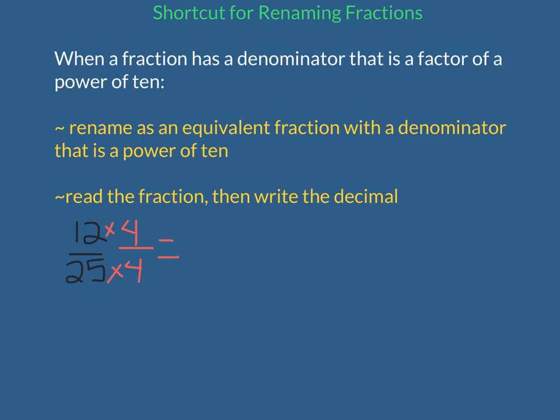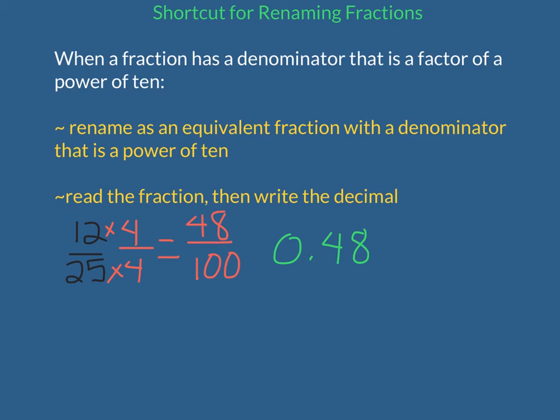So 12 times 4 is 48, and 25 times 4 is 100. So that's an equivalent fraction, but now we have it over 100. So we just read this, 48 hundredths. Well, we know how to write that as a decimal, 48 hundredths. Just like that. So 12/25 equals 48 hundredths.